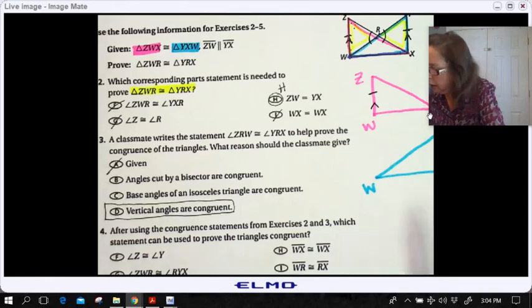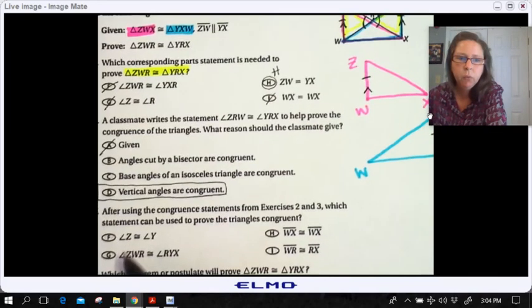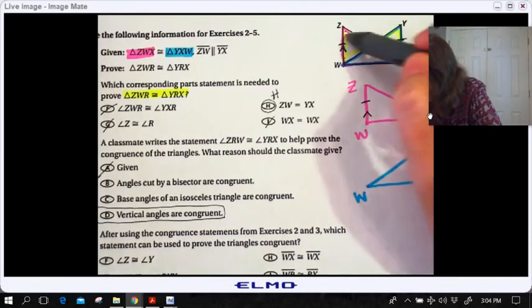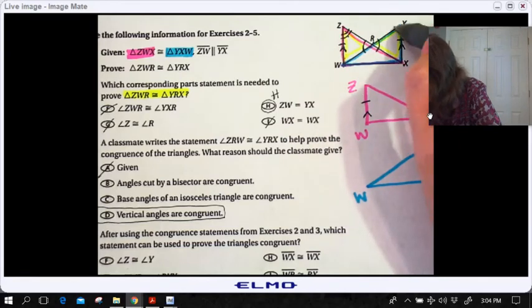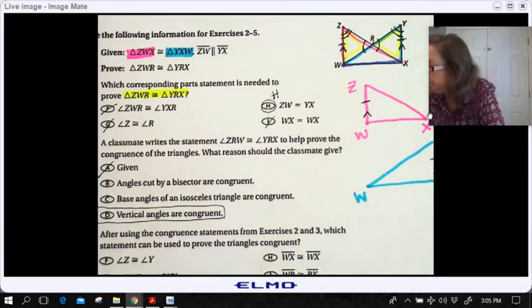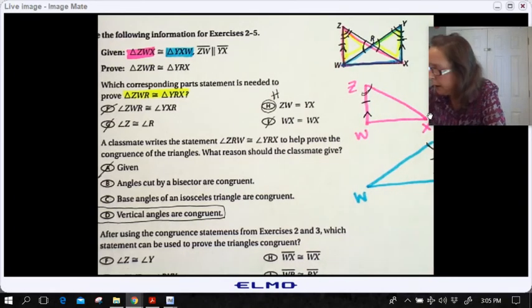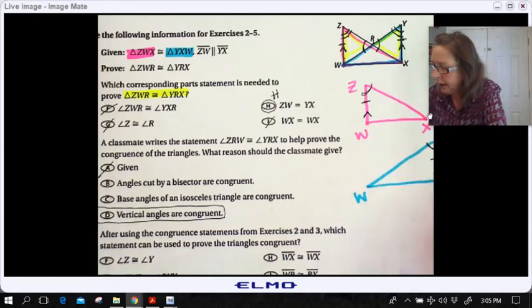So let's check. Angle Z is congruent to angle Y. So Z and Y. Would that help me prove that the yellow angles are congruent? I would have angle, angle, side, angle, angle, side.